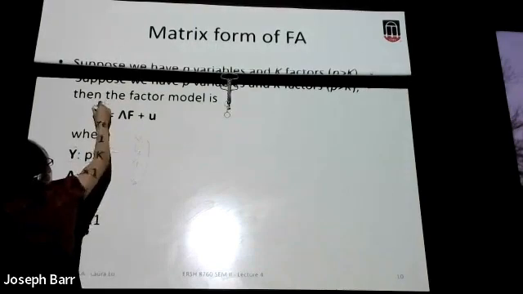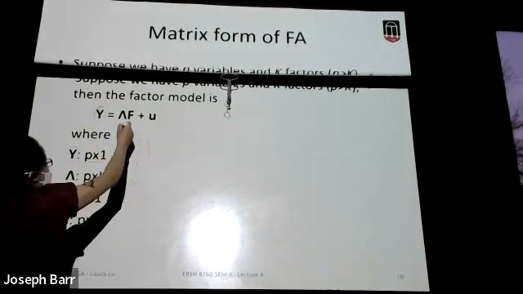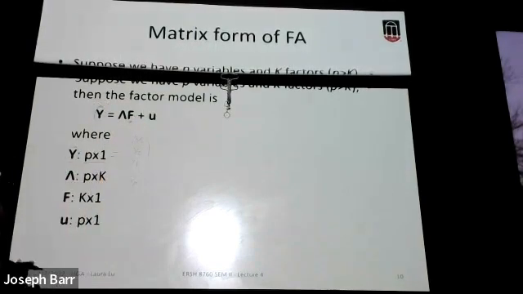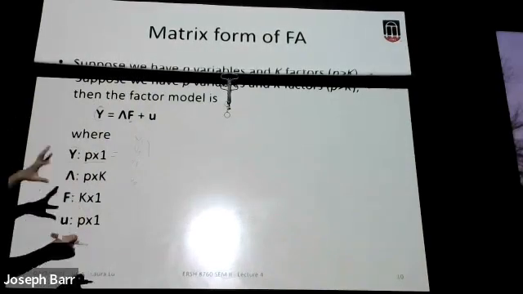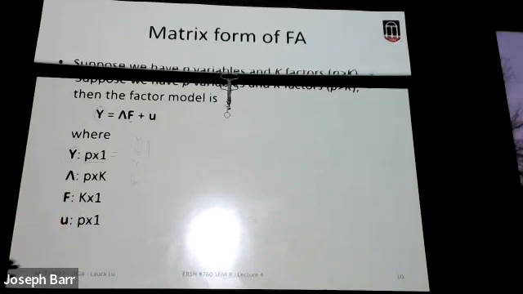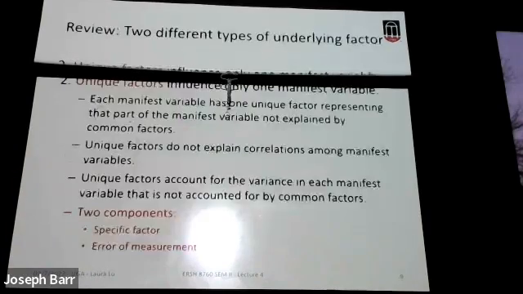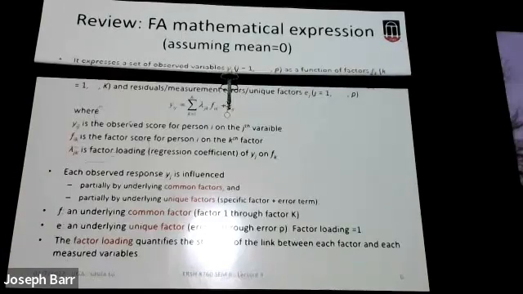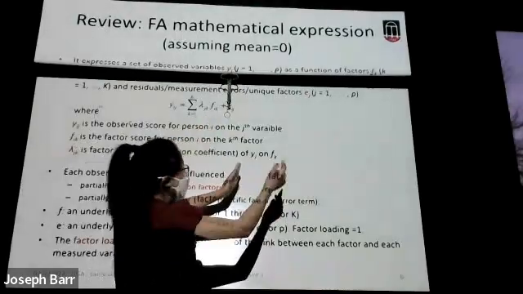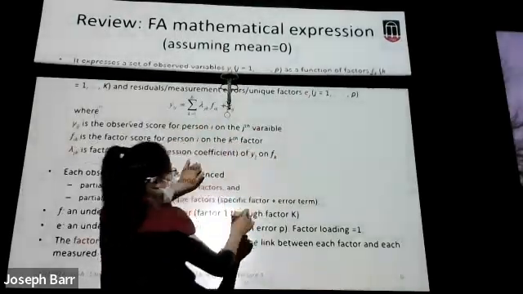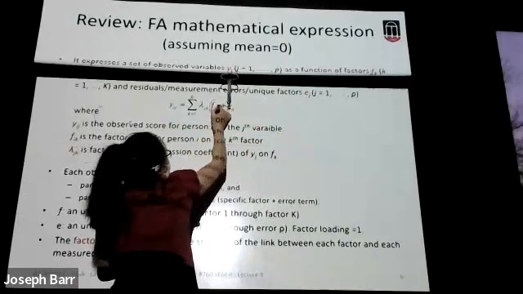This is for y. Then let's look at f first. f is just the summarized vector of the previous f. When we talk about this form, we have a lot of f: f1, f2, up to fK. We have capital K factors.